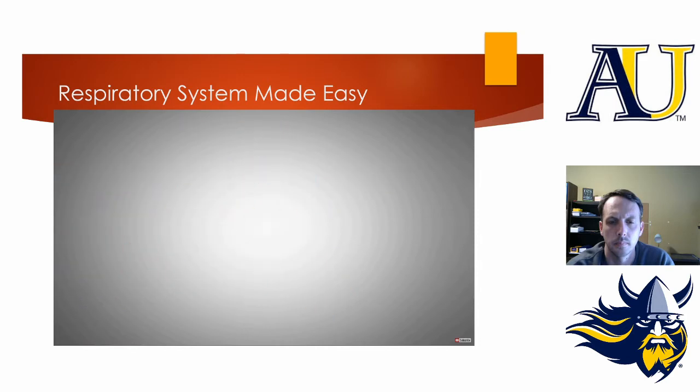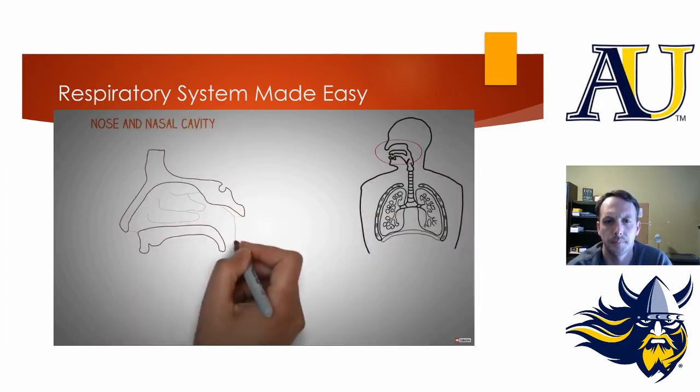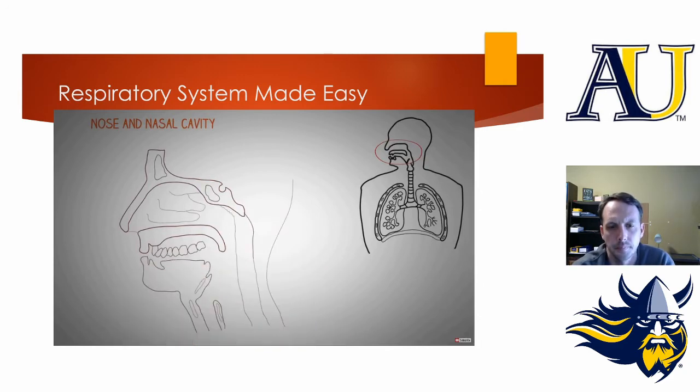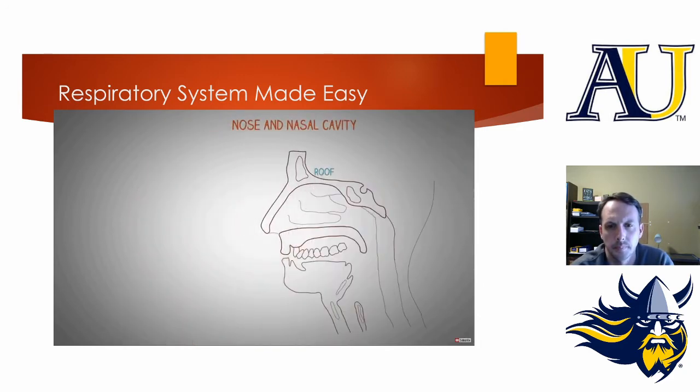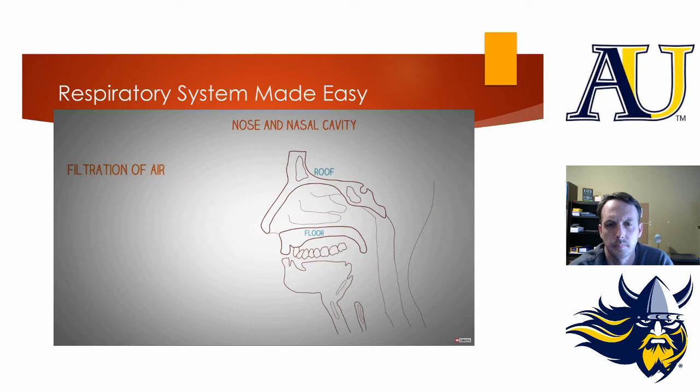So let's first talk about the brief anatomy of the nose and the nasal cavity. Now if we take a look at this diagram in a bit detail, we can see that the nasal cavity is made up of a roof, which is in turn made up of the bones forming the base of the skull. It also consists of a floor which is made up of the palatine bones. The main job of the nose and the nasal cavity in the respiratory tract is the filtration of air.